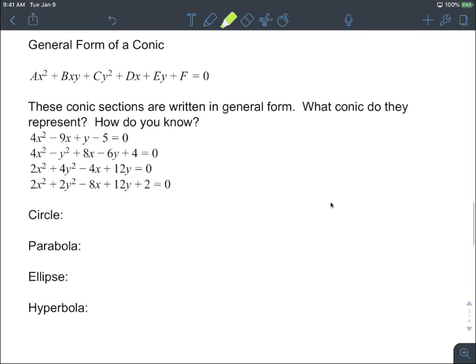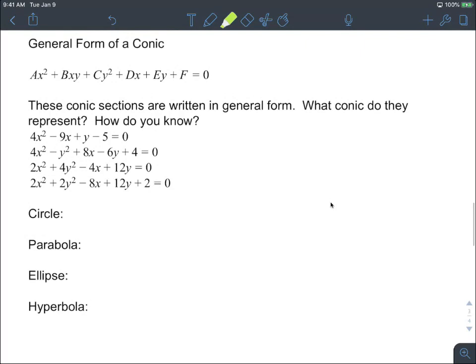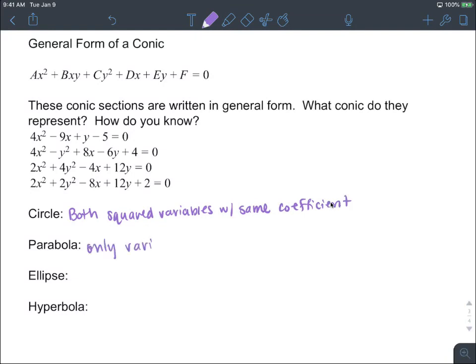So for a circle, both squared variables are represented with the same coefficient. Okay. Parabola, only one variable is squared. Okay.